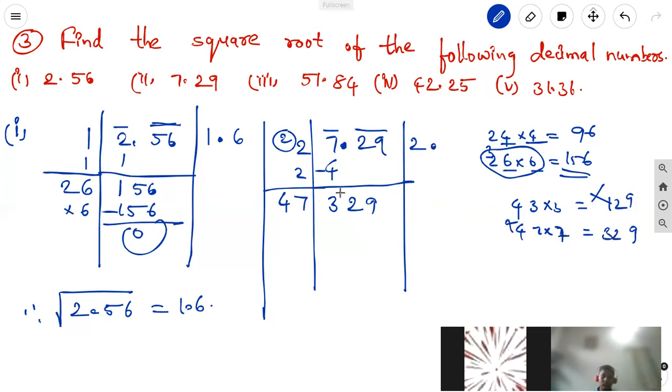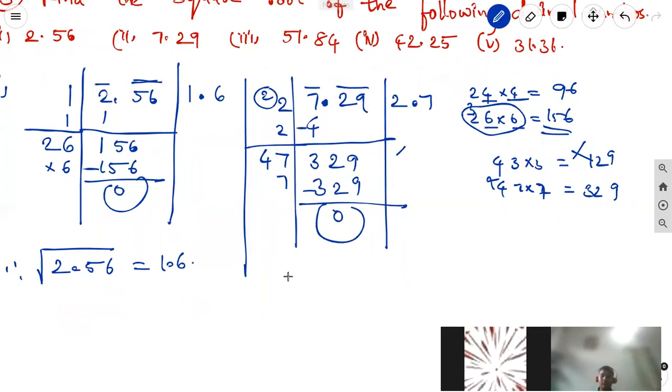So 7 will come in the quotient. 47 7s are 329, and subtract one from the other. We are getting remainder 0. So the square root of 7.29 is equal to 2.7.